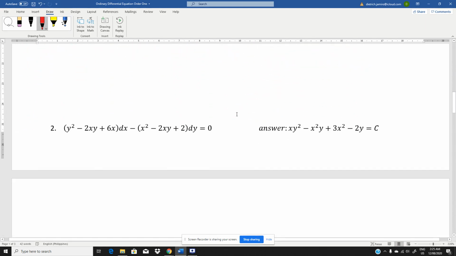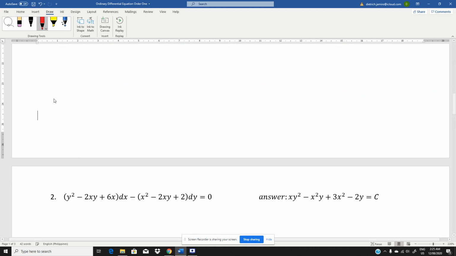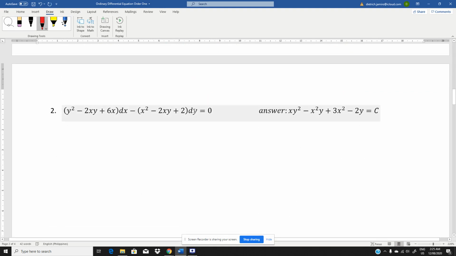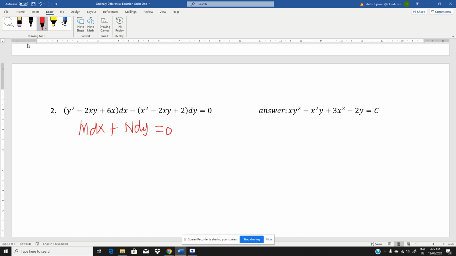Then we will go to our second example. We have the quantity y squared minus 2xy plus 6x dx minus the quantity x squared minus 2xy plus 2 dy is equal to 0. We know that we have the formula M dx plus N dy is equal to 0, considering that we have a plus sign here.